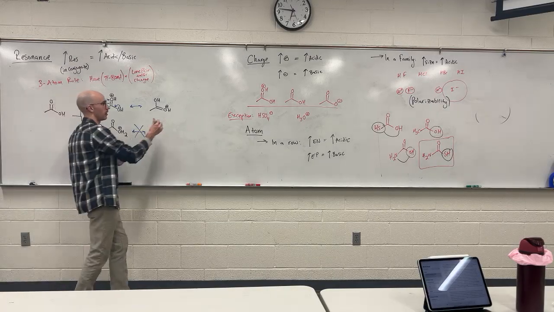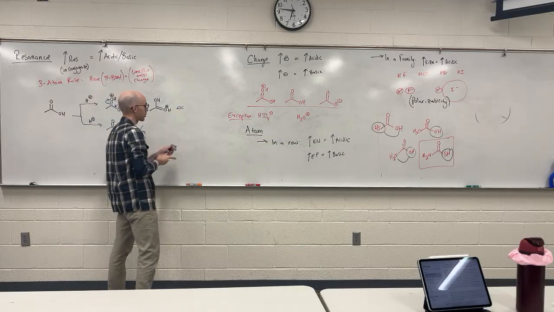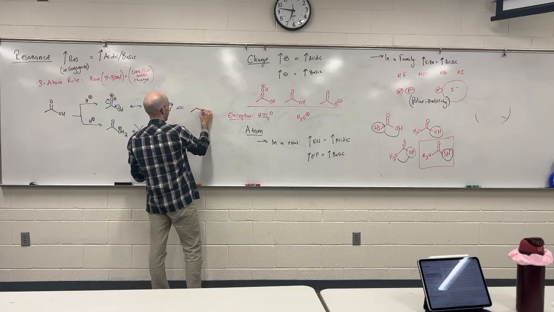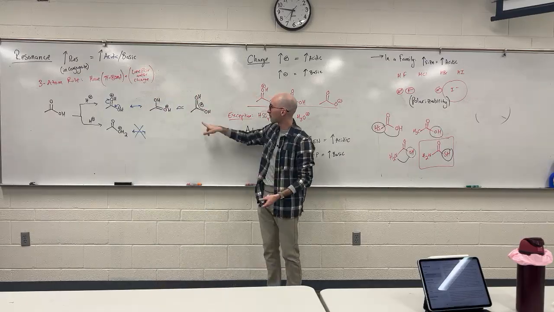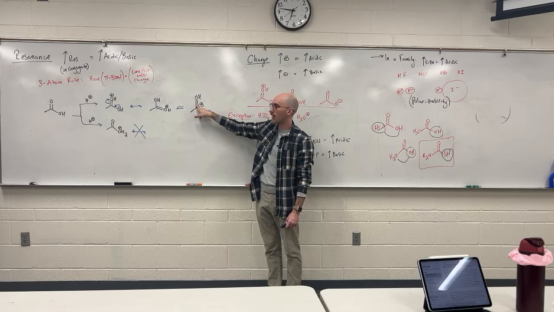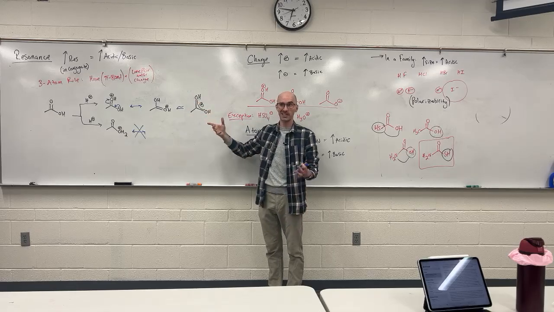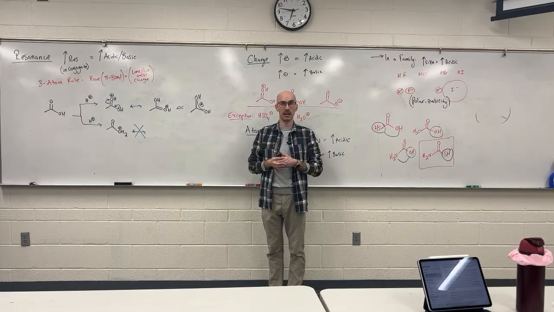The way that we could redraw the structure on top, we could show it as its resonance hybrid, which is that there's a double bond in both directions and the positive charge is delocalized.